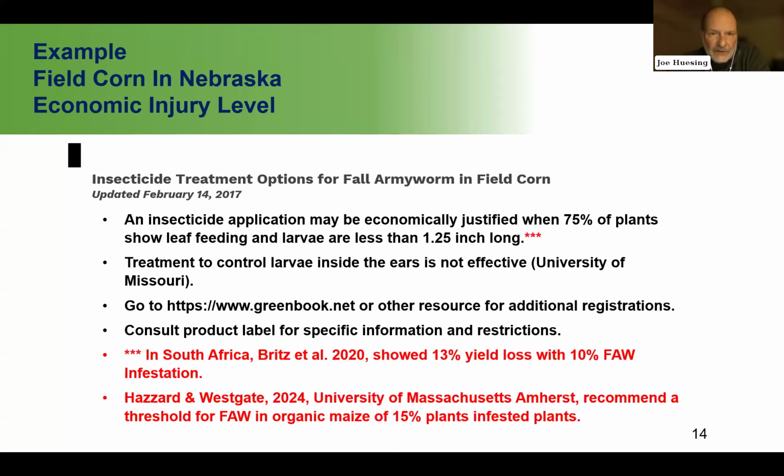And these data are worked out with their agronomists, et cetera. So at the bottom here, I show, for example, data from South Africa show that even 13% infestations could lead to an economic loss. And as I mentioned, in much of North America, 15 to 25% is usually the economic injury level, or infestation level, sorry, where an intervention will be implemented. Next slide, please.